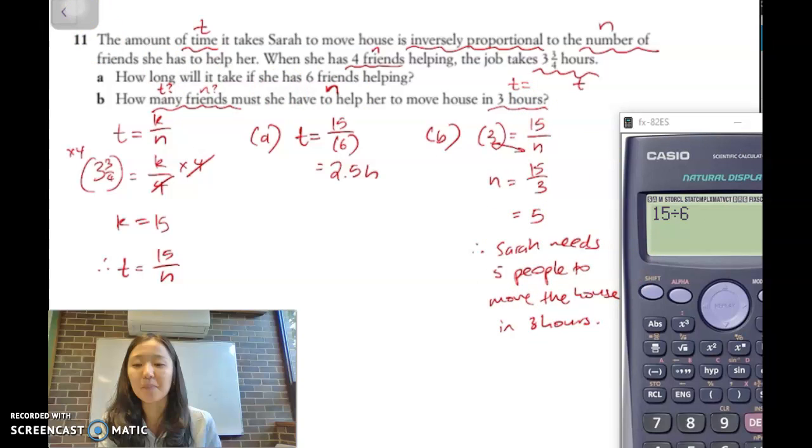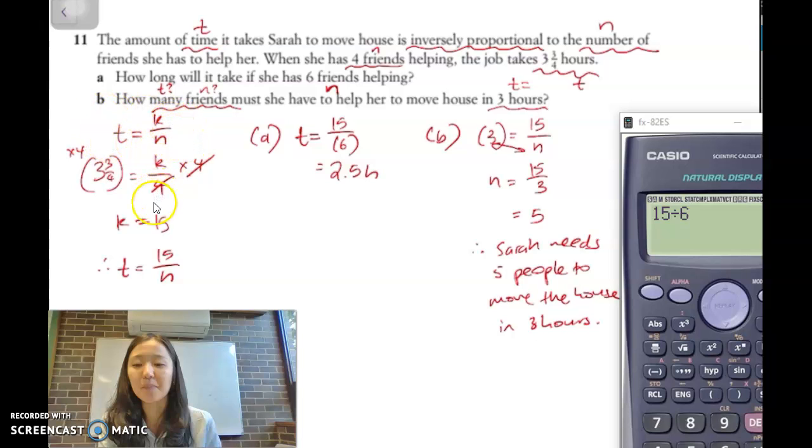To wrap this up, if you have tracked through the video from the beginning, you'll be able to see a pattern where we first write down the general equation using the 2 variables that are given to us in the question.